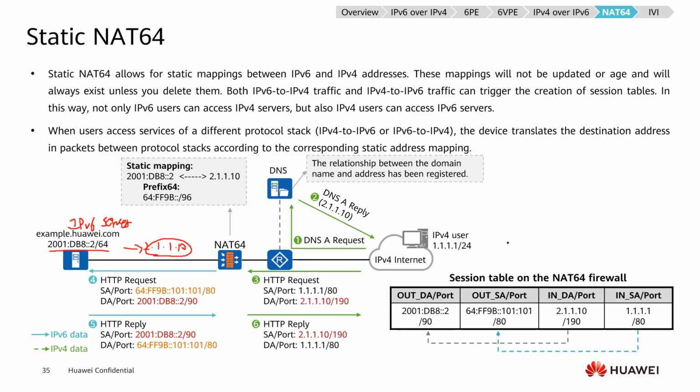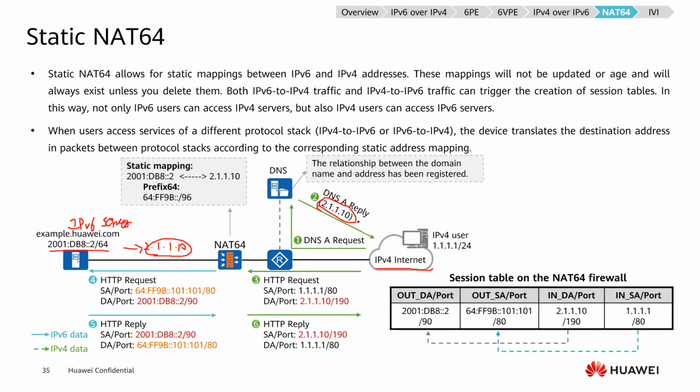On the whole internet. So when the IPv4 internet user wants to connect to the server, it will just send a request to a DNS, and the DNS will reply with the destination IPv4 address just like this.